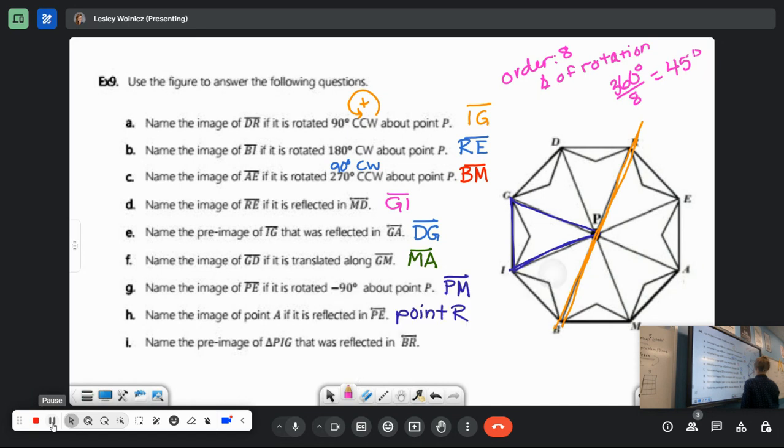So it's going to be triangle P something. Where does I map? M. Where does G map? A. Goes right here. Just make sure that you get them in the right order. Okay, you can't just say PAM, right? Or MAP. Okay.